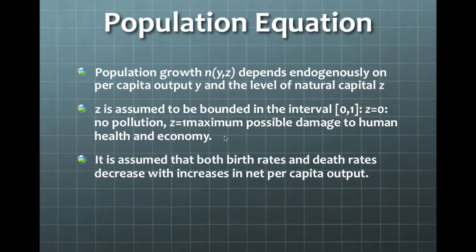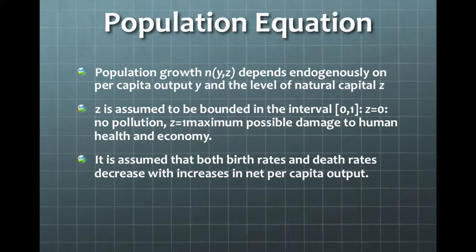It is assumed that both the birth rates and the death rates decrease with increases in net per capita output. So the idea here is that the more is produced, the birth rates will fall down.